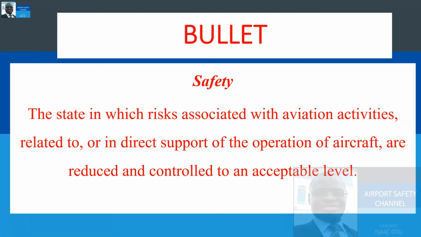Okay, so these are the items we'll discuss for today, and also I want you to know that safety is our bullet for today. And safety, as we mentioned last week, is the state in which risks associated with aviation activities related to or in direct support of the operation of aircraft are reduced to an acceptable level.